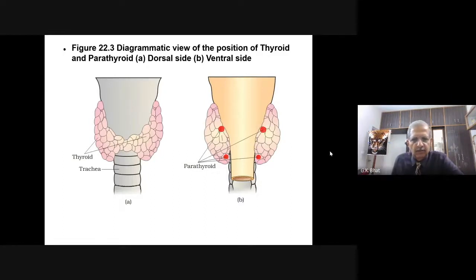It is present on the 2 lobes of the thyroid gland. This is one lobe, this is another lobe. You have already studied that they are connected to each other by isthmus. So on one lobe, you have 2 parathyroid glands. On another lobe, another 2 parathyroid glands. And these are present on the dorsal side of the thyroid gland.